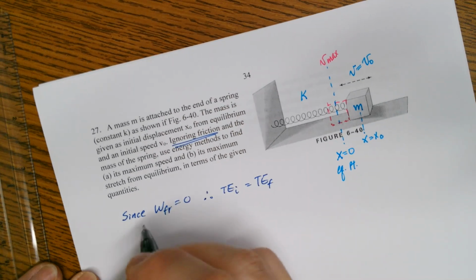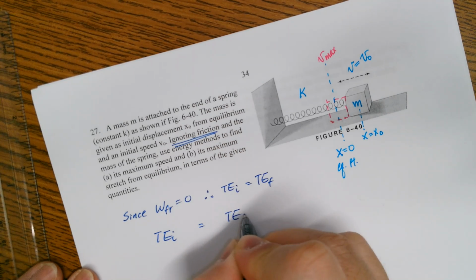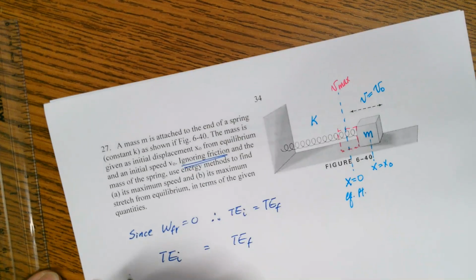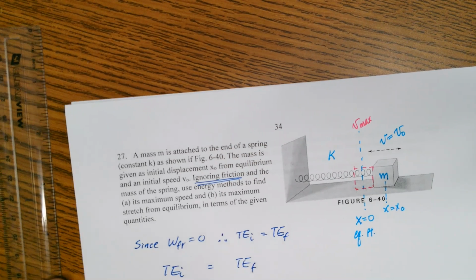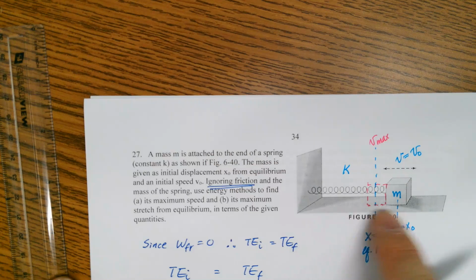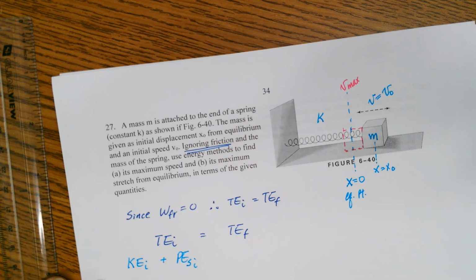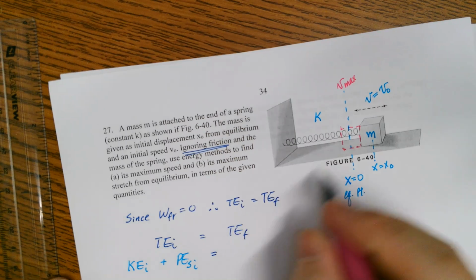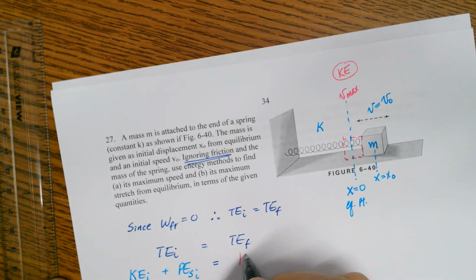Total energy initial, I have kinetic energy initial plus potential energy of spring initial. I have no height change, so my potential energy of gravitation is not really required. That is equal to, right? Here I have just kinetic energy at the equilibrium point, okay?